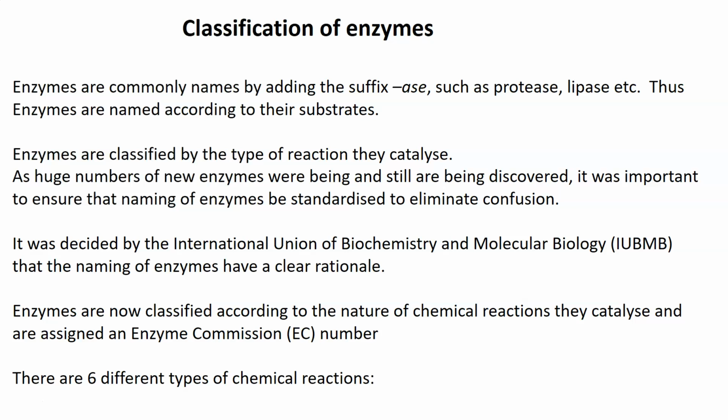We have a system by which we can classify enzymes. This classification system was invented by this body here, the International Union of Biochemistry and Molecular Biology, IUBMB. They came up with a classification system that any member of any scientific group around the world can use to classify enzymes.